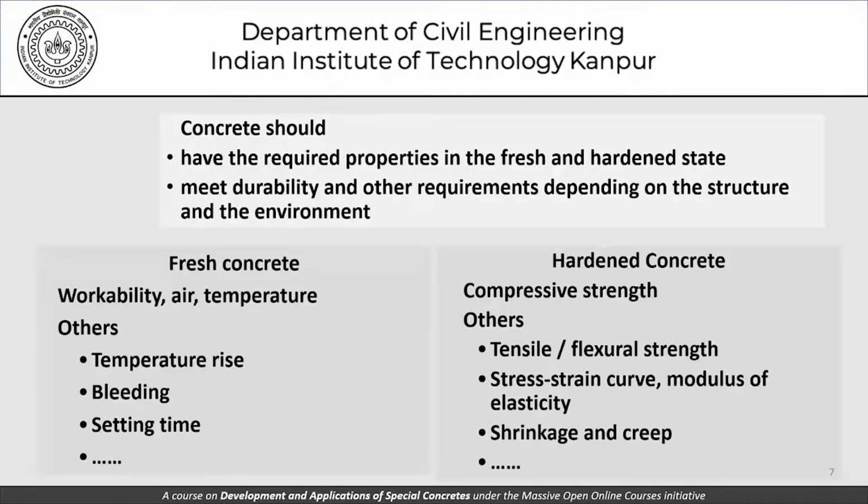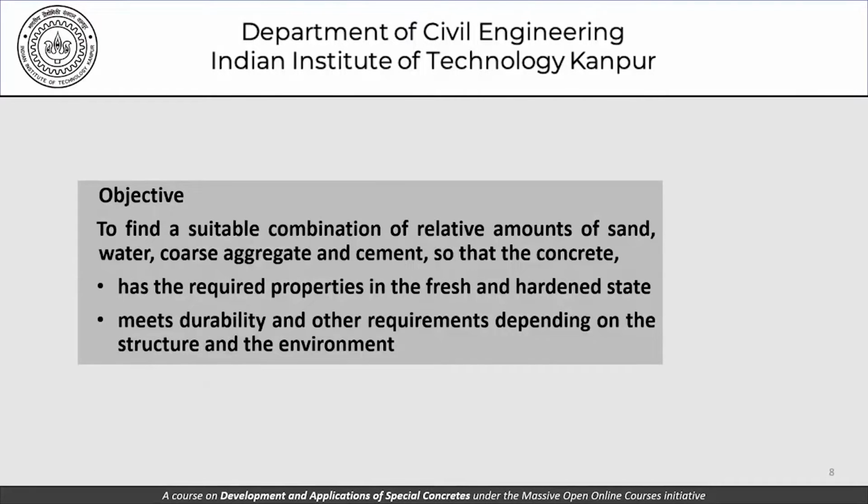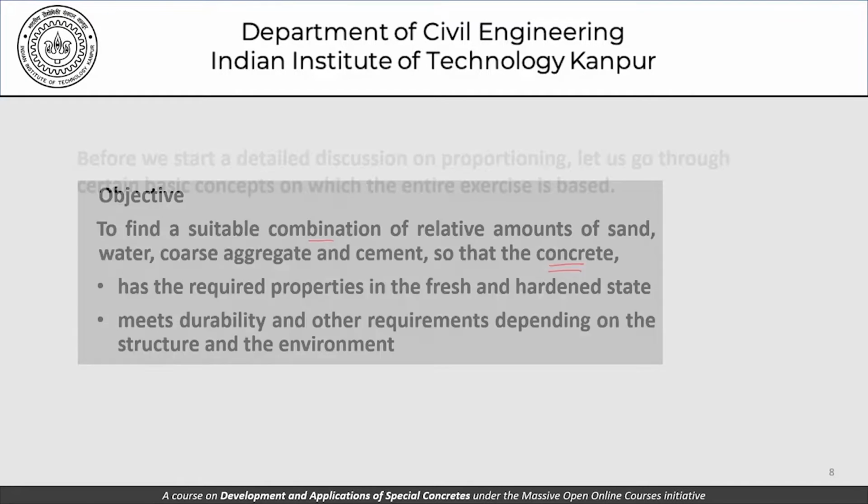Moving forward and coming to the idea of proportioning. What is the objective? The objective is to find a suitable combination of the relative amounts of sand, water, coarse aggregate, and cement, so that the concrete has the required properties in the fresh state and the hardened state, and also meets the requirements for durability or any other requirements that the client, the environment or the construction may require.